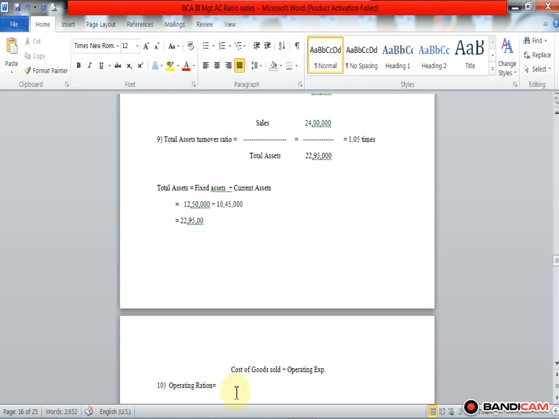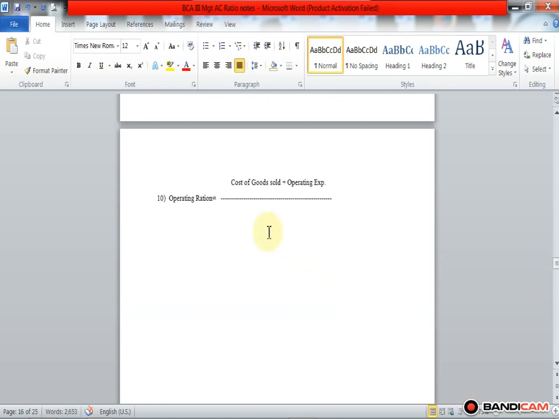In the last lecture we solved this ratio. So remember these formulas for calculation of operating ratio. Here divided by sales, multiplied by 100.